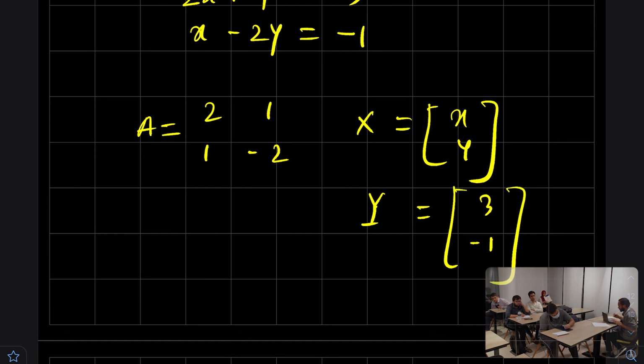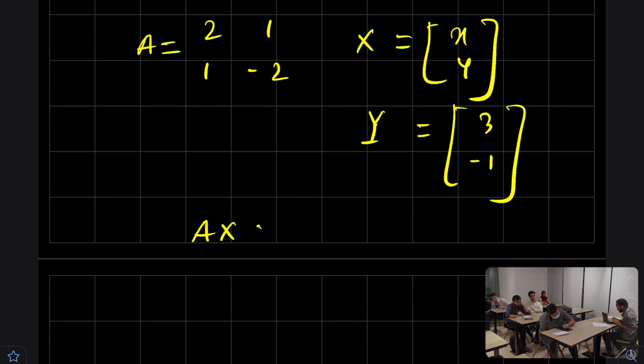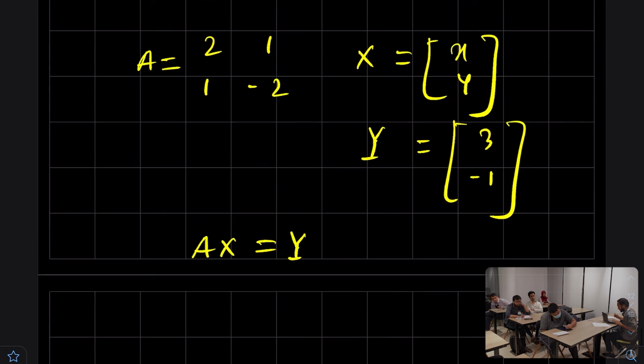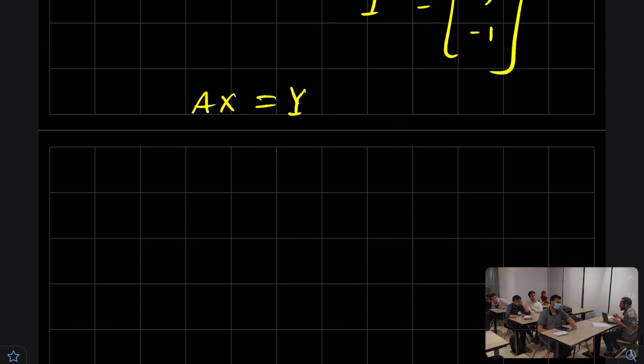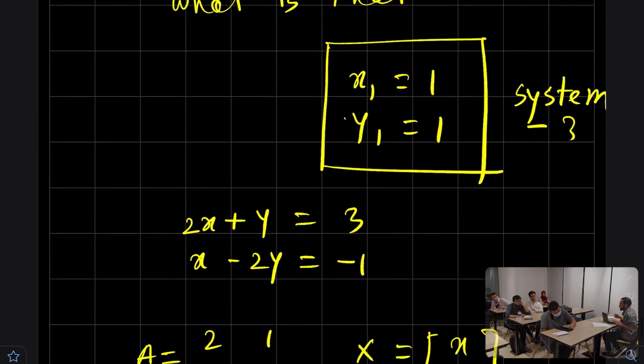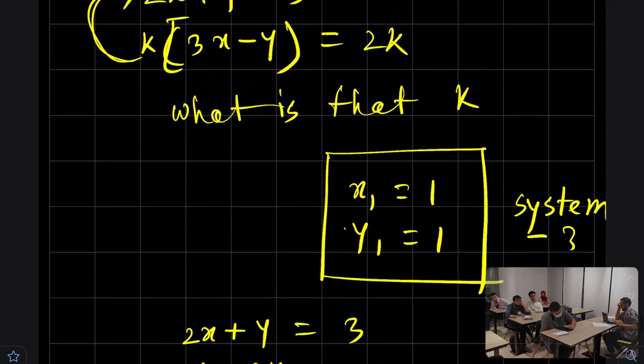Right? So this is Ax equals y. So as you can see, I can apply elementary row operations on A, actually on the augmented matrix, but we still didn't define it. I think we can discuss it later, because we did not introduce the concept of augmented matrix.